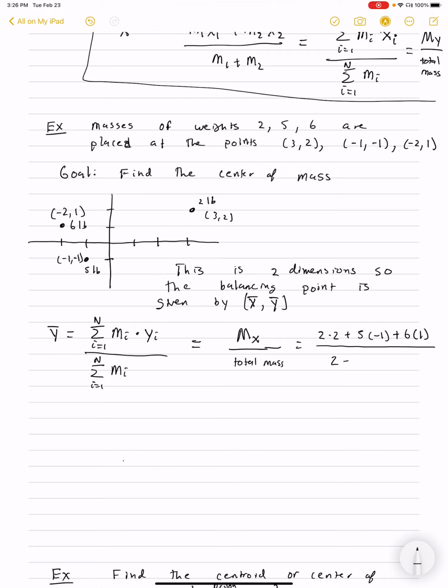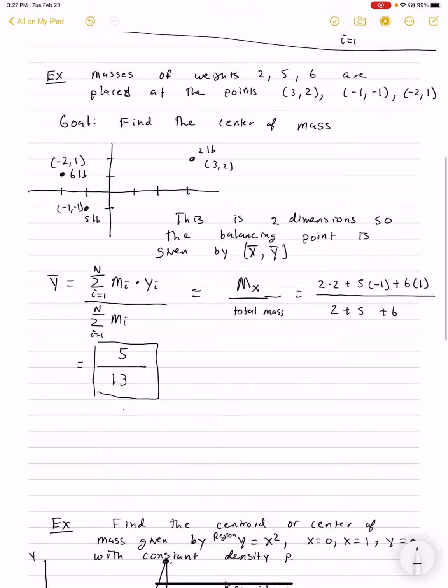Total mass is going to be 2 plus 5 plus 6, so that denominator is going to be 13. For the numerator, we have 2 times 2, which is 4, minus 5, plus 6. So I think this will be 5/13. And this is our center of mass in the y direction.